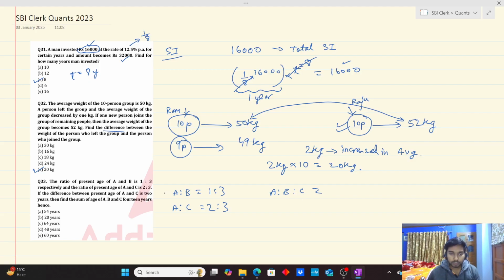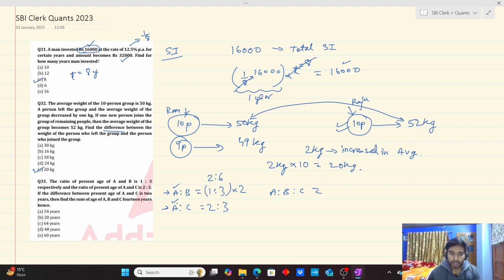We can see in both the ratios given to us, A is the common term. So if I can make this 1 as 2 by multiplying 2 in this whole ratio, then this will become 2:6, right?